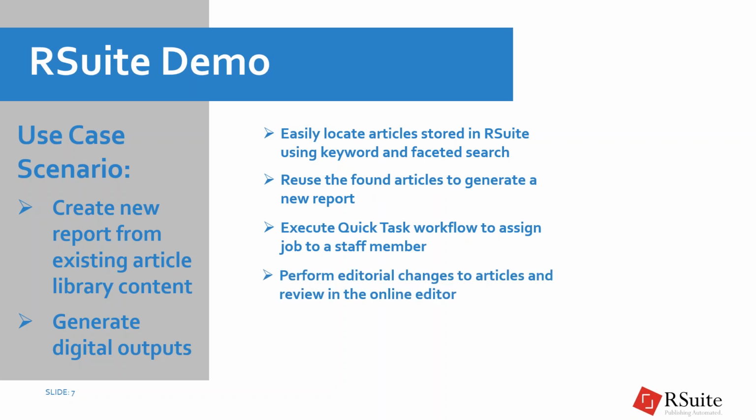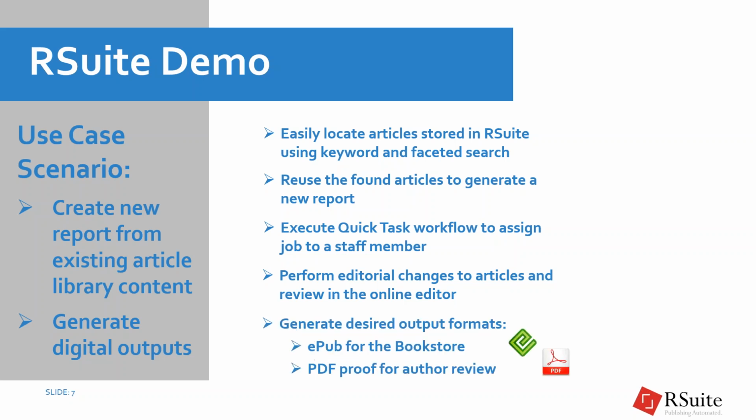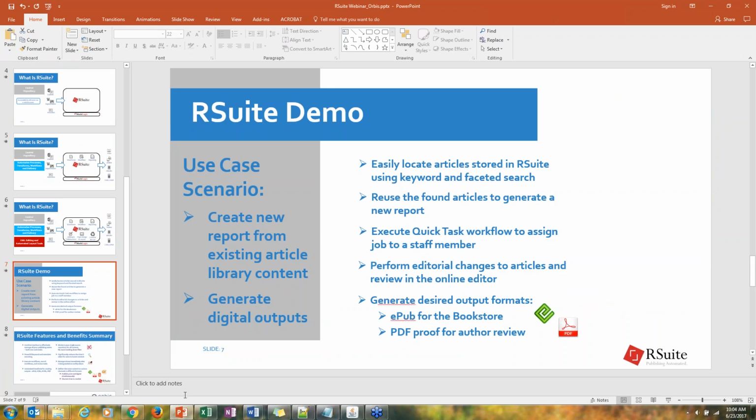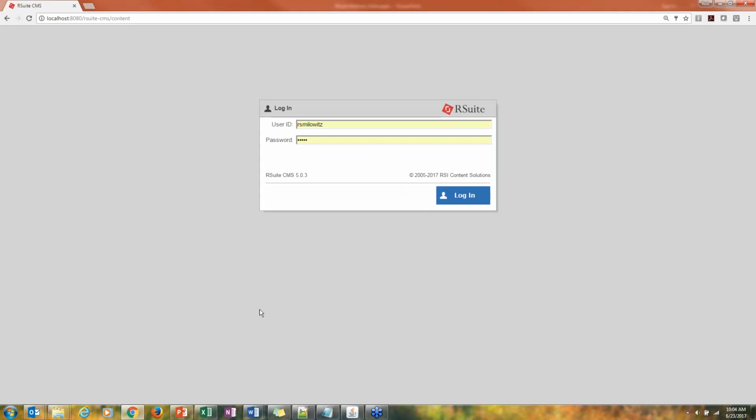Then we'll make an edit to the article and we'll review in RSuite's online editor that I mentioned. And then finally, we'll generate some various output formats. We'll create an EPUB file for the bookstore and a PDF proof for the author to review. Okay, so let's jump in to RSuite, break out of this, and pull up RSuite.